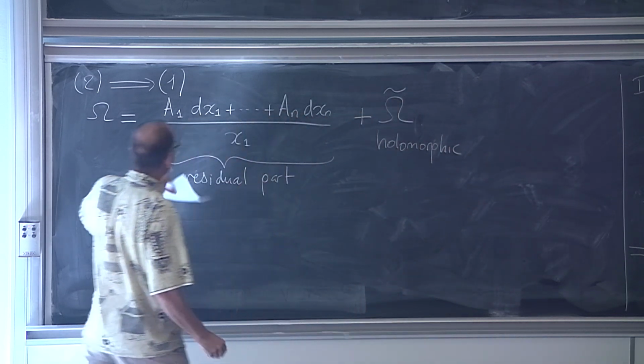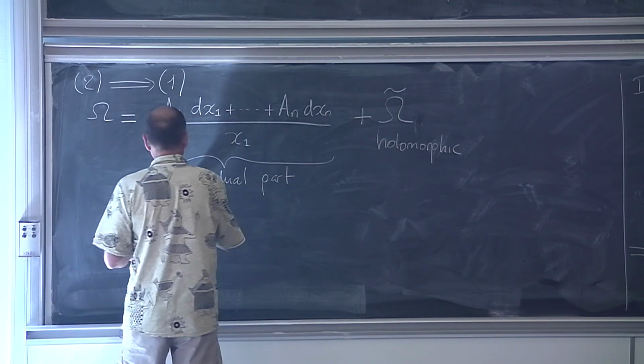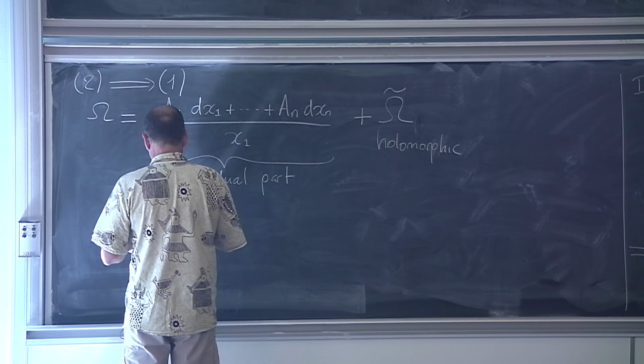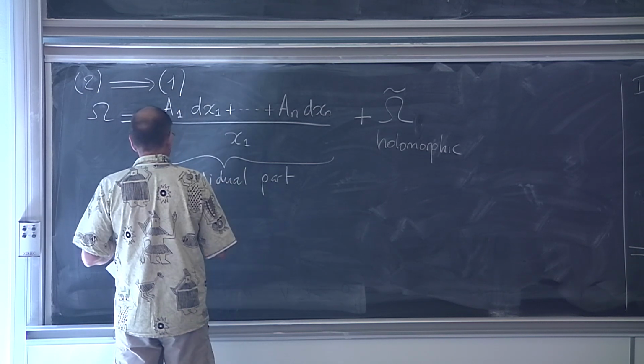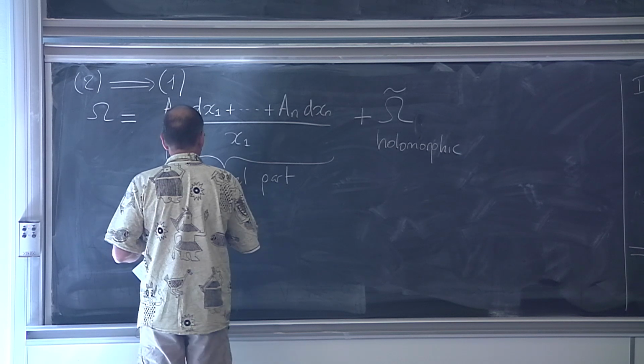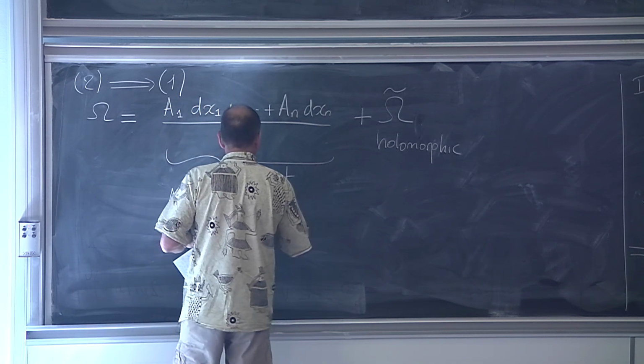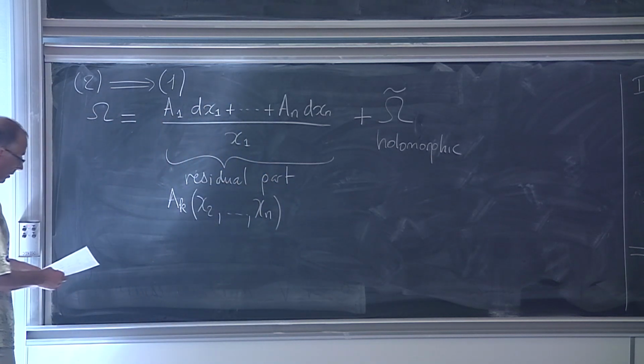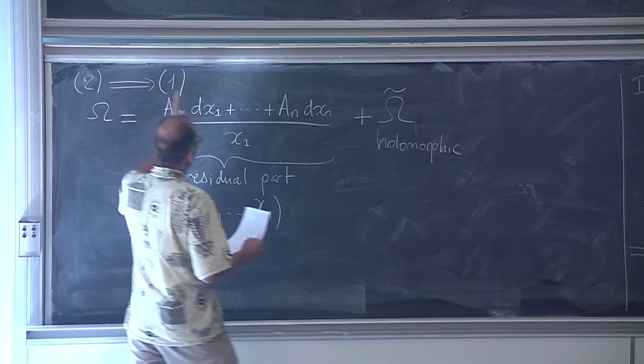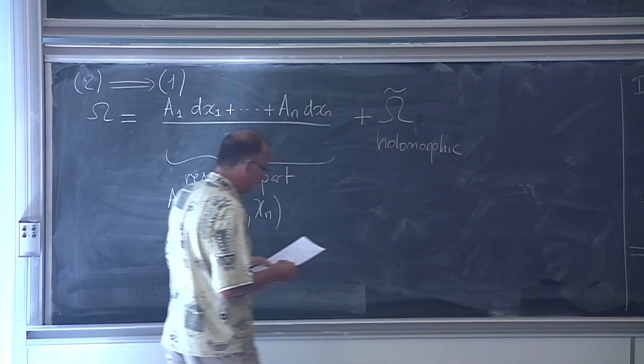Locally, you can decompose like this with Ak depending actually only on x2 to xn, not on x1. Otherwise, you put it in the holomorphic part.